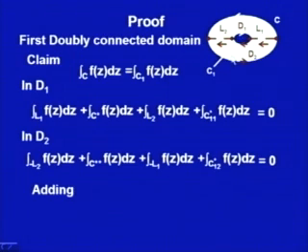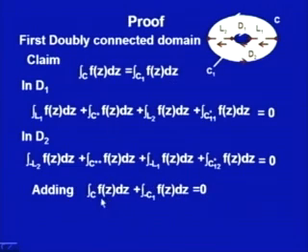In the counterclockwise manner I would call it C1. So, if I add it up, what would I get? The integral along C of f(z) dz plus the integral along minus C1 of f(z) dz is equal to 0. So, from here, the integral along the contour C of f(z) dz is the same as minus the integral along the contour minus C1 of f(z) dz.